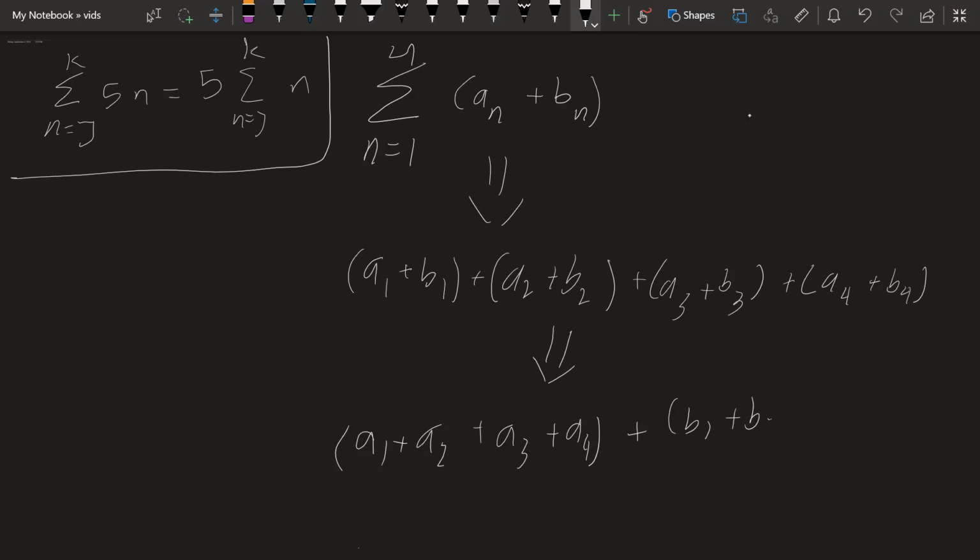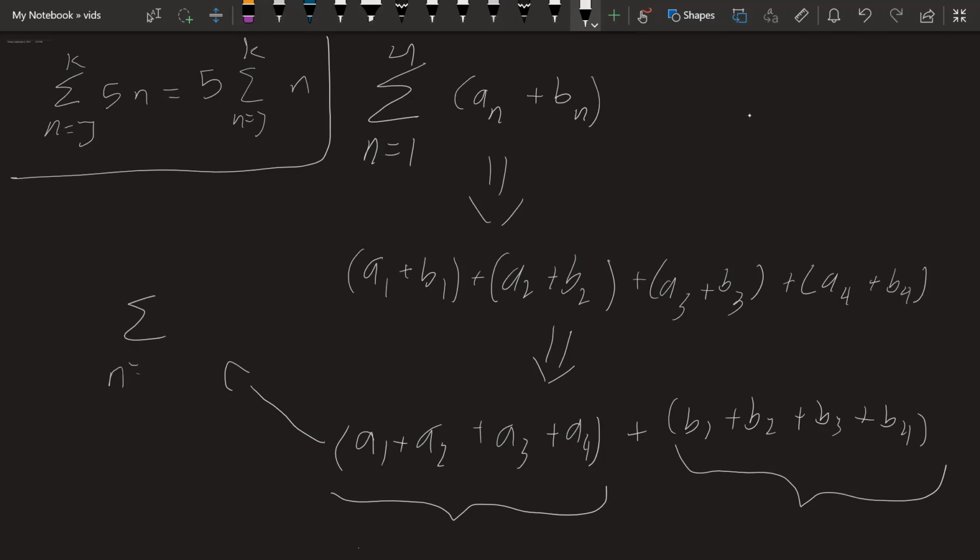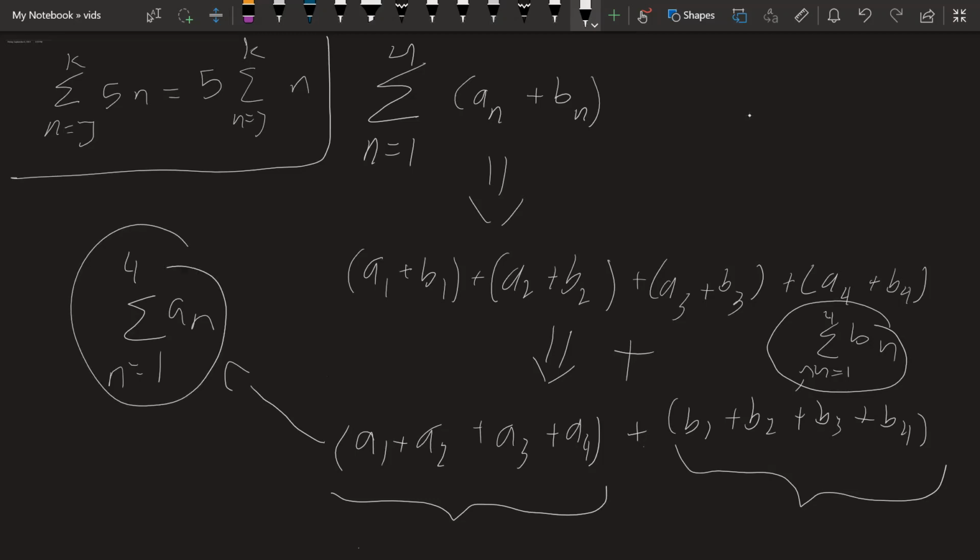Well, this seems oddly familiar, because this is equal to sigma as n goes from 1 to 4 of a n, and this is equal to sigma as n goes from 1 to 4 of b n, and then we sum them up. So it's this term plus this term.